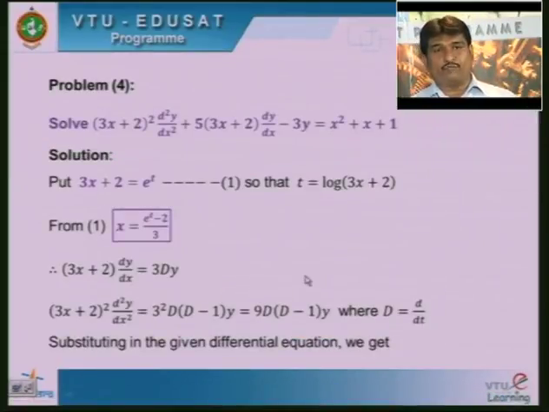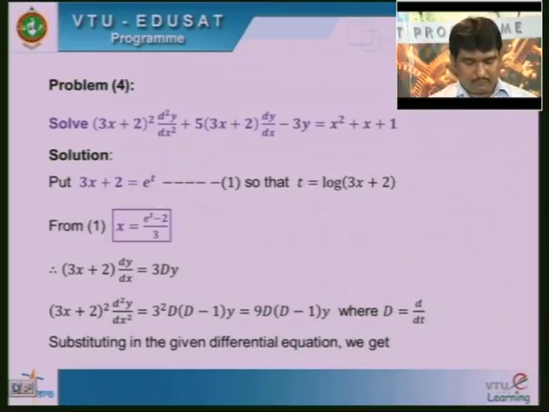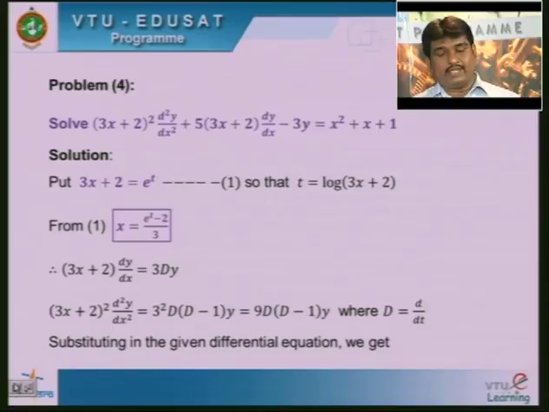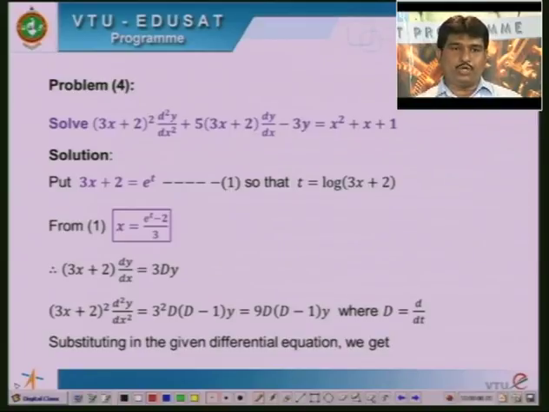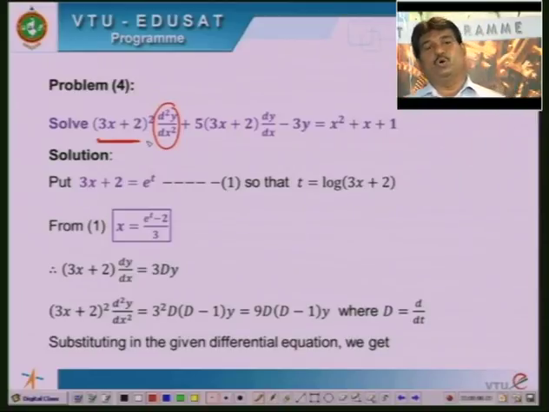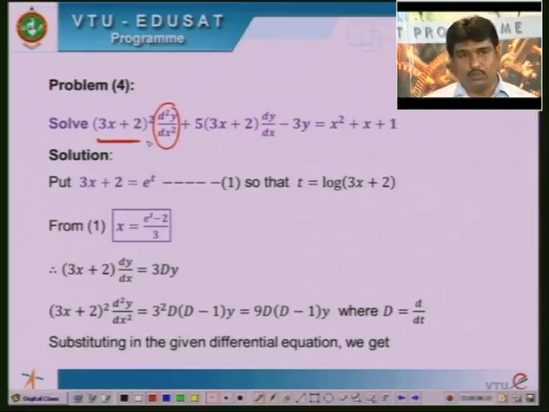Now problem number 4. Solve (3x plus 2) whole square into d square y over dx square plus 5 times (3x plus 2) into dy by dx minus 3y equals x square into x plus 1. The coefficient of the second order derivative is (3x plus 2) whole square, which is like (ax plus b) whole square.